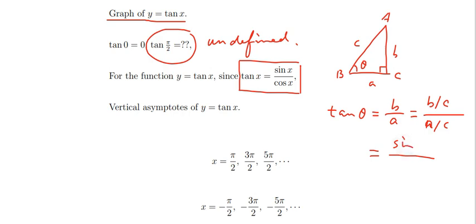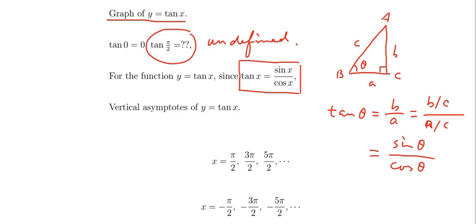So we have this relationship: tangent equals sine over cosine.